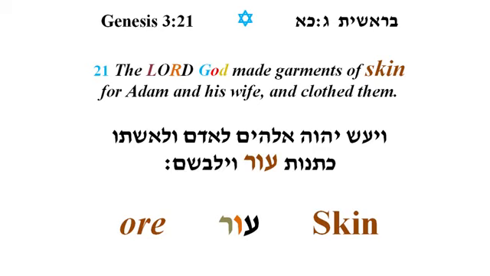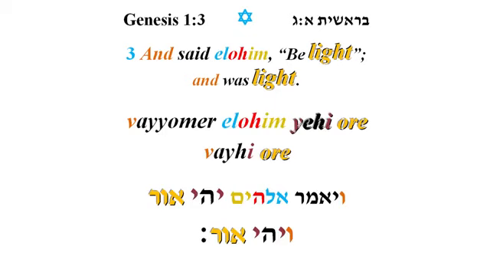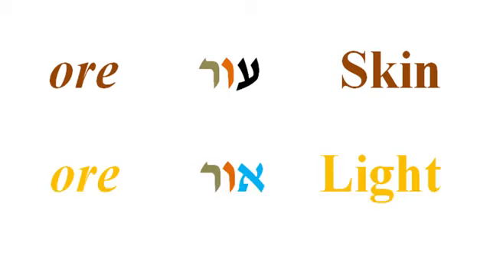And this word or, we see a version of this back in Genesis 1:3. It says, and God said, be light, and light was. Vayomer Elohim yehi or, vayi or. The word for light is or, but it's spelled aleph vav resh.